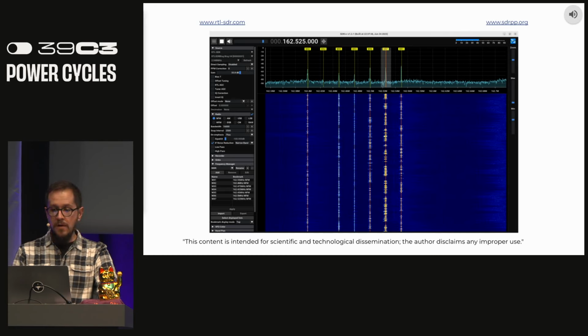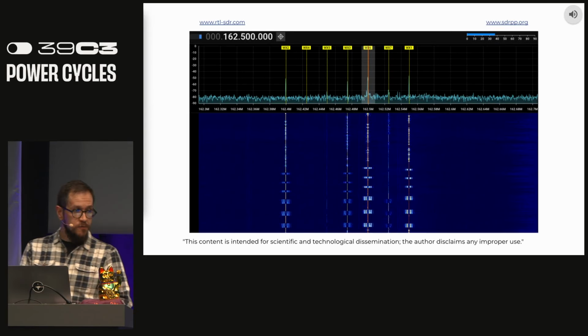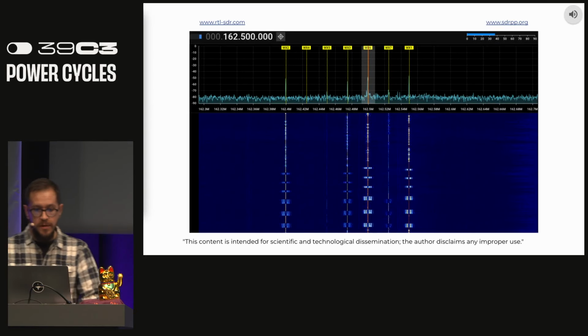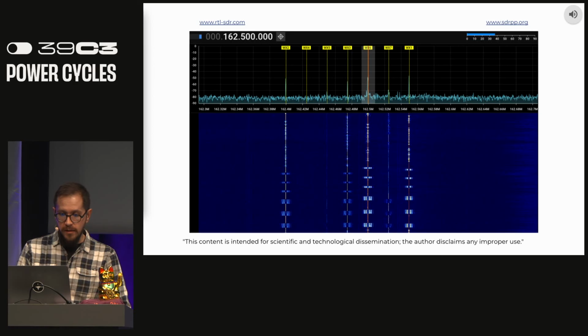When these packets are transmitted, this digital burst of information, that's what you see on the waterfall of SDR++. You see the header, there are 1, 2, and 3 headers, and then you can see the 3 end of messages.